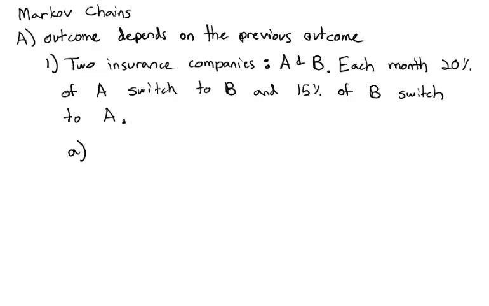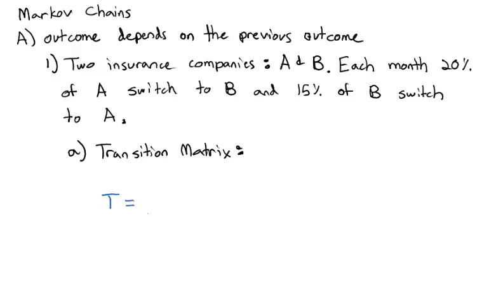In order to model this situation, we are going to develop what is called a transition matrix. That tells us how to transition from one month to the next month. So we always use the letter T to represent the transition matrix.